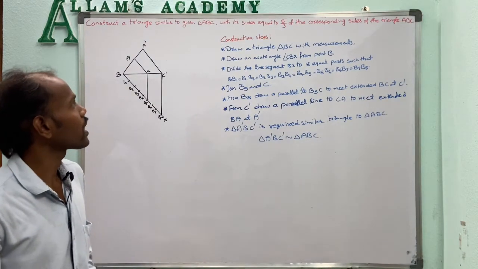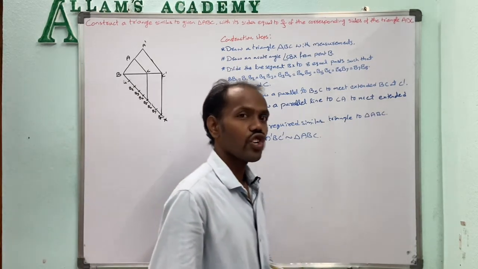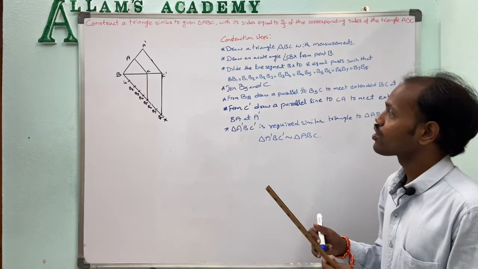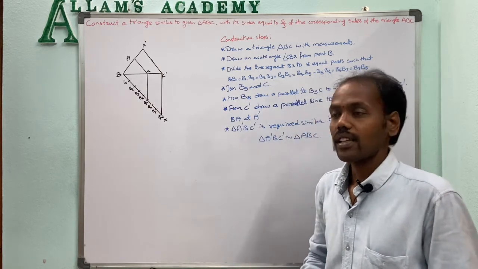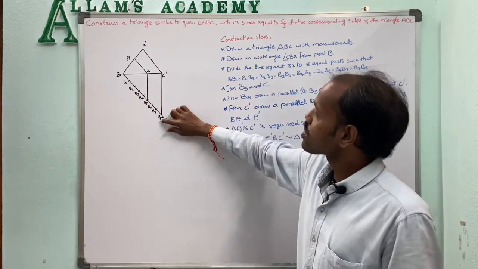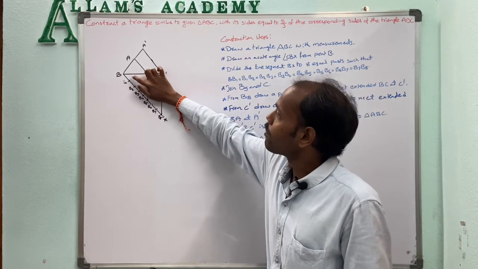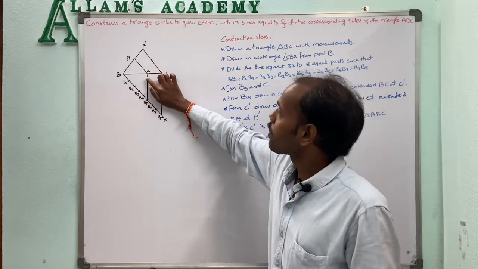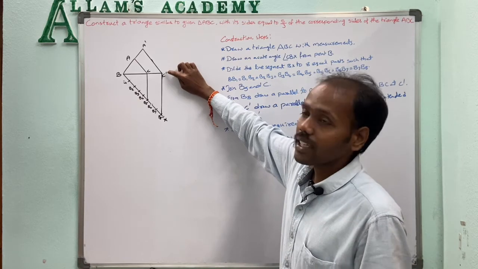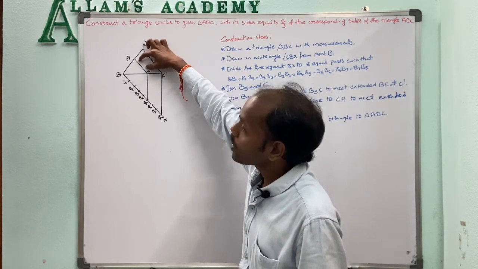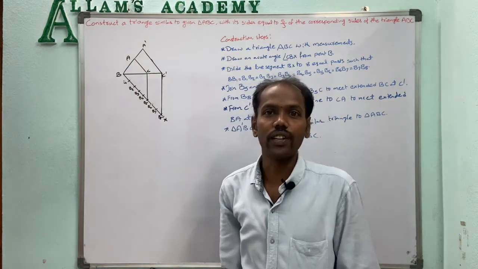Okay, so here the numerator is more compared to the denominator. For that purpose, some of the ratios we take, we join the vertex, and from the sum of the ratios point we draw a parallel line to this side, and that does not touch the base. For that purpose we extend the base up to where this parallel line touches, and from that point we again draw a parallel line to another side, extending the remaining third side to touch it.